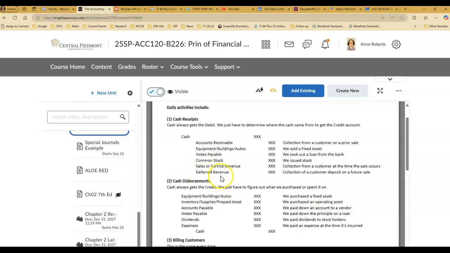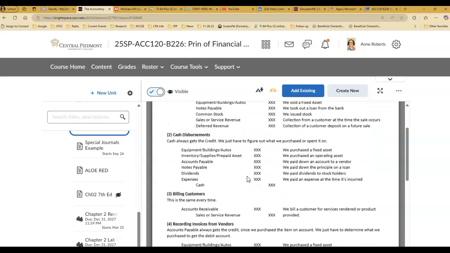Or possibly even a deferred revenue, but we never hit sales and service revenue numbers, okay? So everything in Chapter 2 was all balance sheet. No income statement, no retained earnings statement. Chapter 3 added those 3 pieces, okay? So now, at the end of Chapter 3, we should be good to go on all these different cash increases and what they are for.